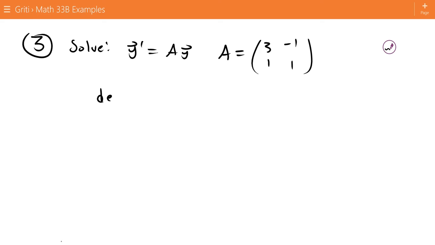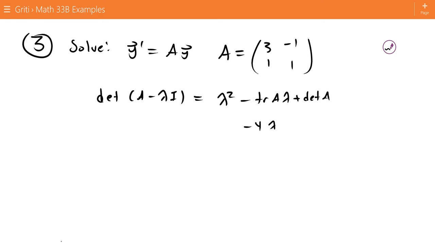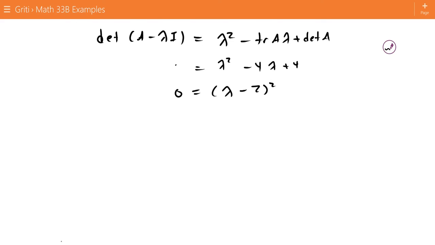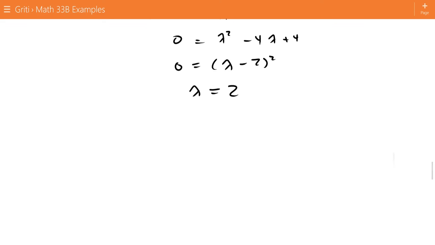If we look at the determinant of A minus lambda I, it is going to equal lambda squared minus the trace of A times lambda plus the determinant of A. The trace is going to be 4, and our determinant is going to be 4. So this factors to (lambda minus 2) squared. Setting this equal to 0 gives us one real eigenvalue of 2.